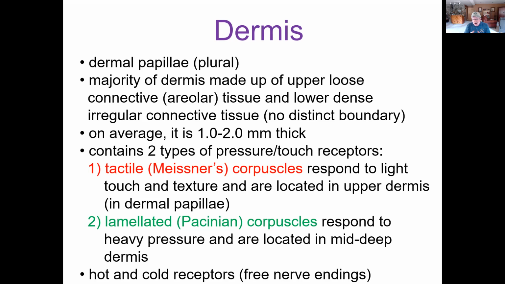Also in the dermis are thermoreceptors that are sensitive to temperature changes. Sometimes just being by a hot campfire, you feel that heat, right? Thanks to hot receptors in the dermis. Likewise, you can stick your hand into a freezer and you can feel the cold. You have cold receptors that are stimulated due to that particular temperature extreme.